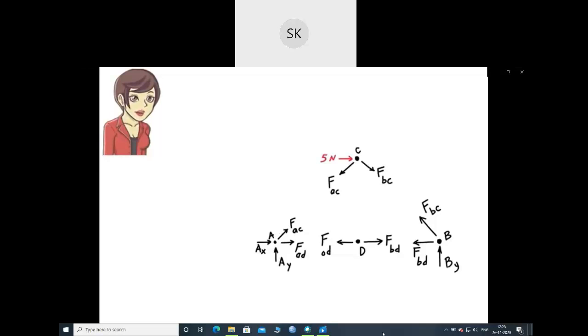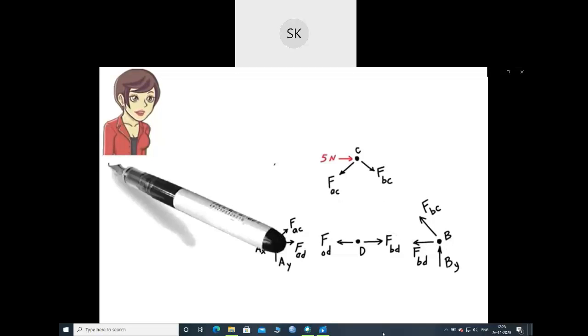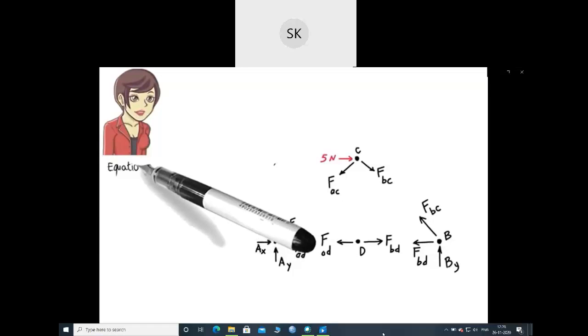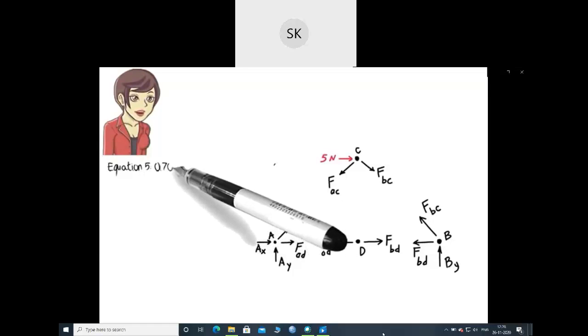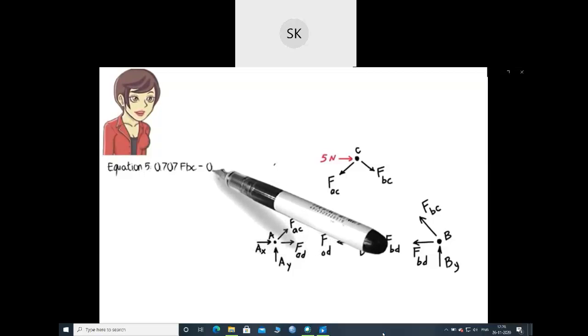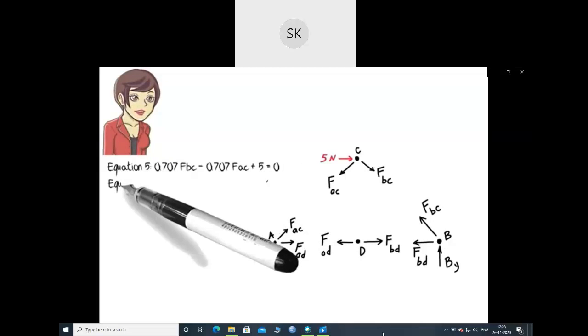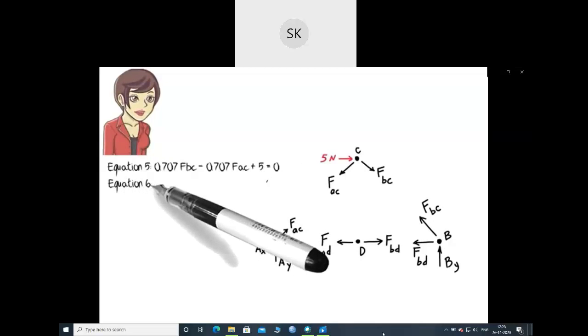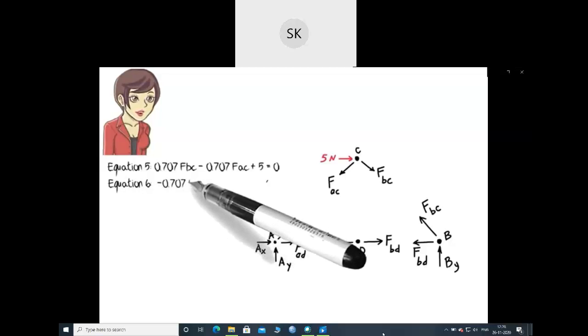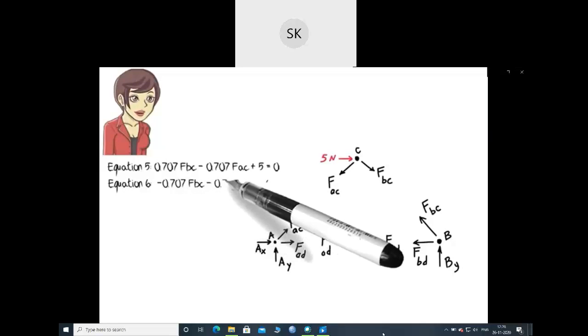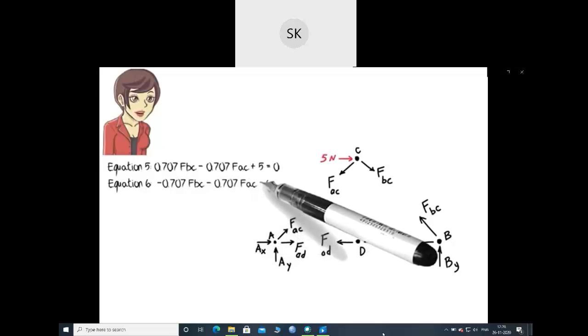Here they are in the simplified form where FCD is replaced with 0: 0.707 FBC minus 0.707 FAC plus 5 equals 0, and negative 0.707 FBC minus 0.707 FAC equals 0.